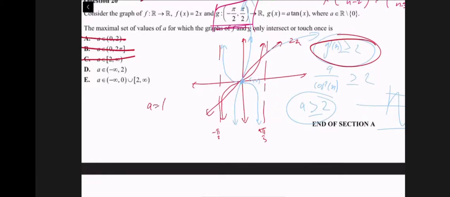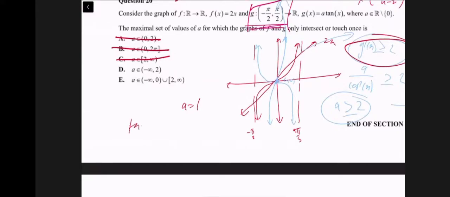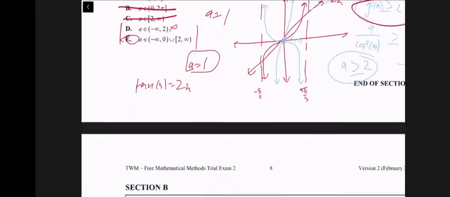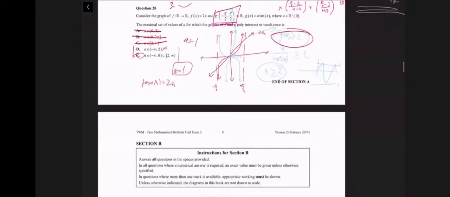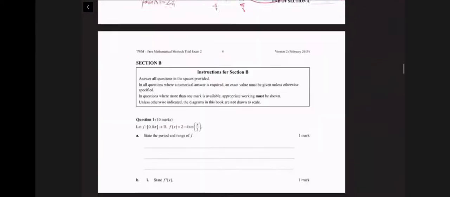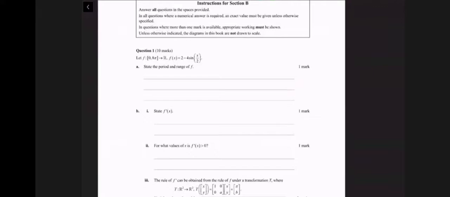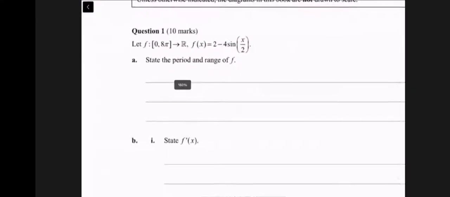It doesn't really make sense, because if you just do tan x equals 2x in your CAS, you go down to here and you can't think of any logical reason to get rid of either of them, just do tan x equals 2x for a is 1, and then you'll get multiple answers, and then you'll realize that this is not the answer because it can't include a is 1, and then you could easily get rid of E if you didn't want to do the whole thing. It's probably going to take you more time to figure this out than to just sub a is 1.